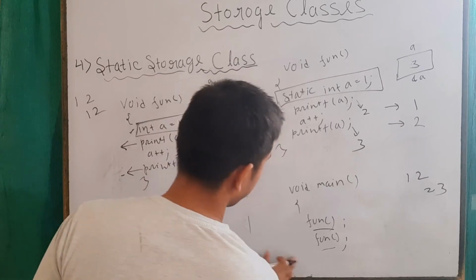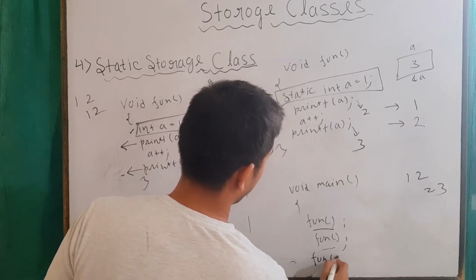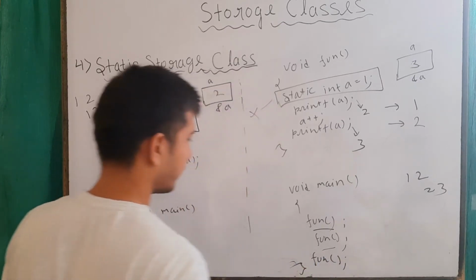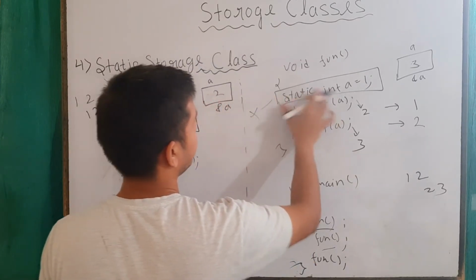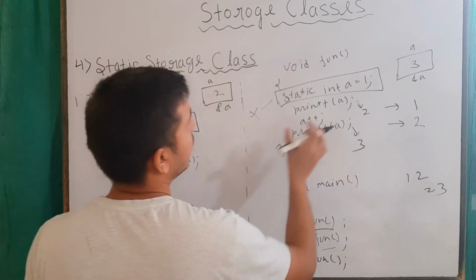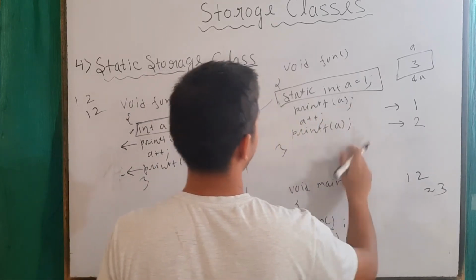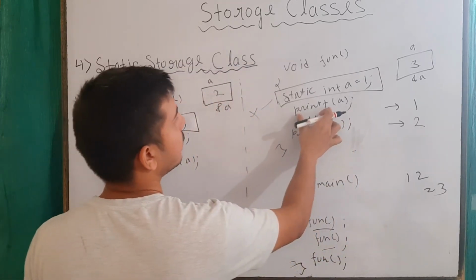Even if I call it again, this line will not be executed. It will directly go to printf of a.